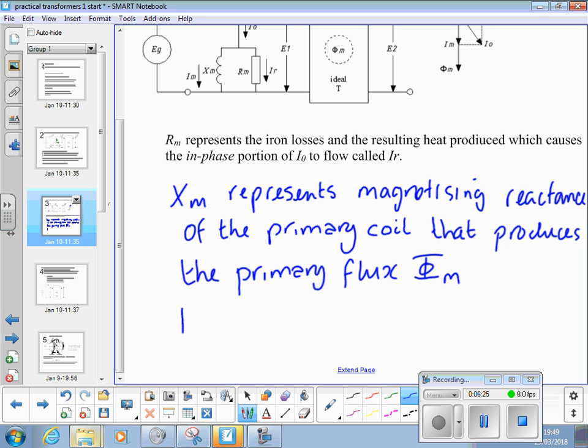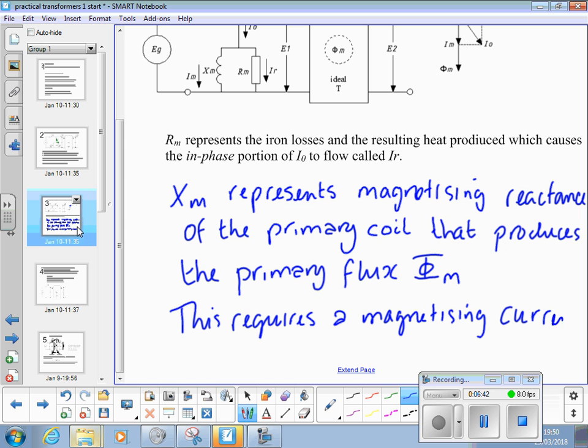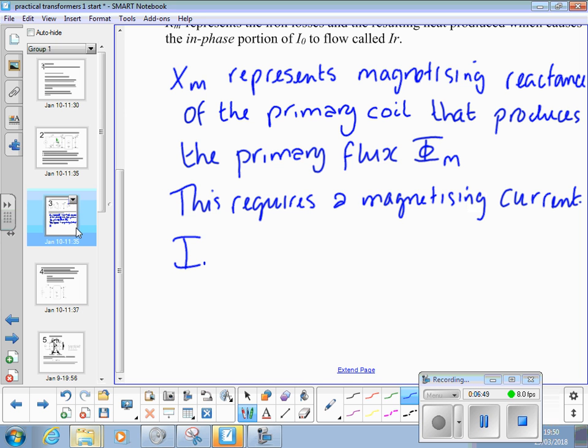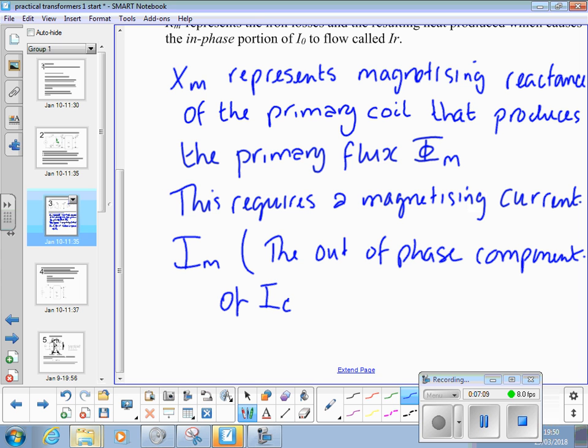This requires a magnetizing current IM that is the out of phase component of I0.